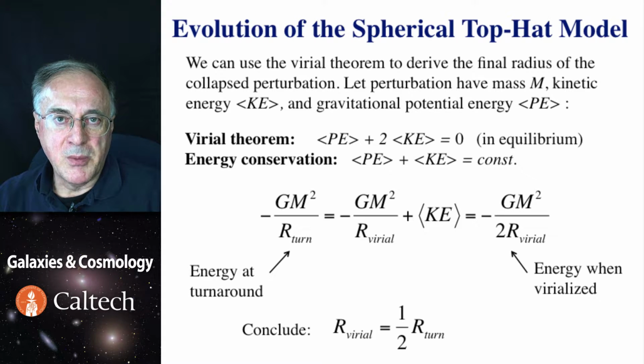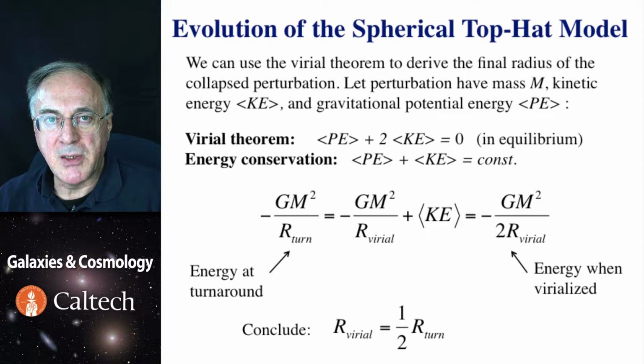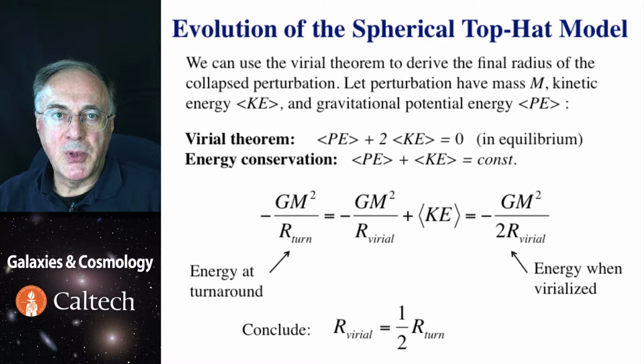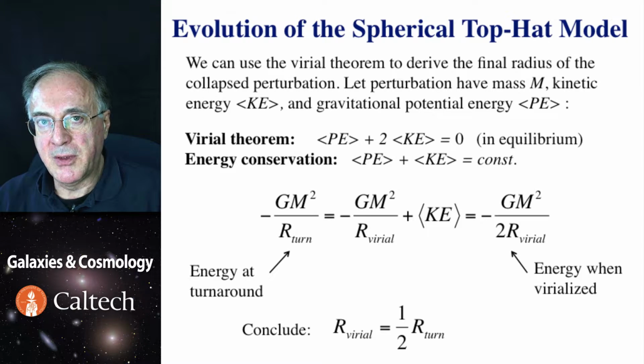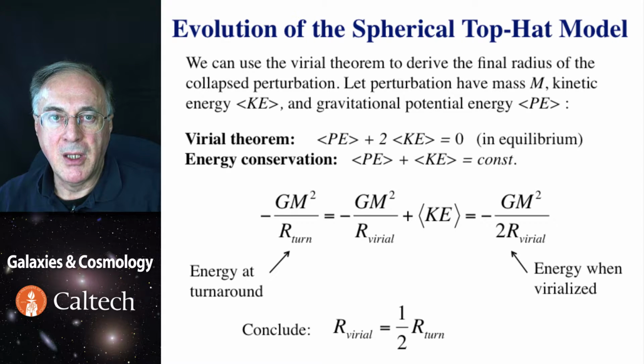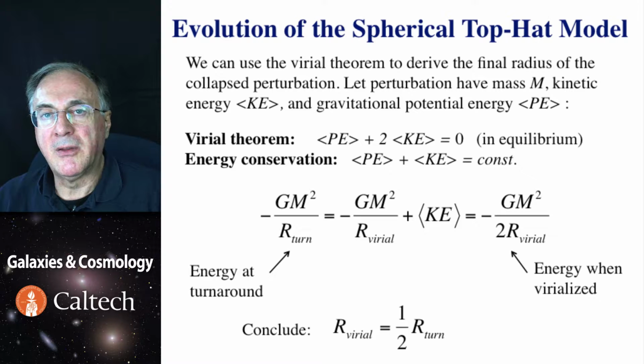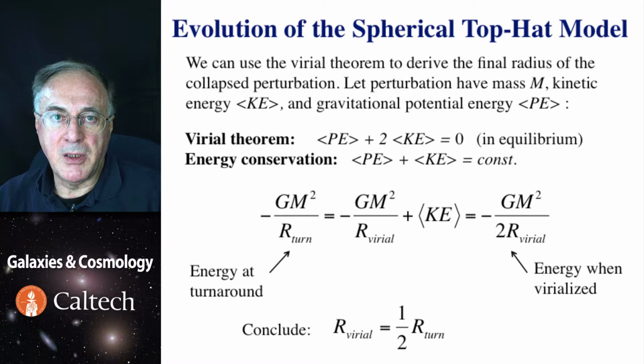Now, if you look at simple formulas for the binding energy of a self-gravitating system, you can see that potential energy is inversely proportional to the radius. And so if we're going to achieve a factor of 2 difference, that means that the radius of the final system will be exactly 1/2 of the initial one. And therefore, the density will increase by a cube of that, or a factor of 8.